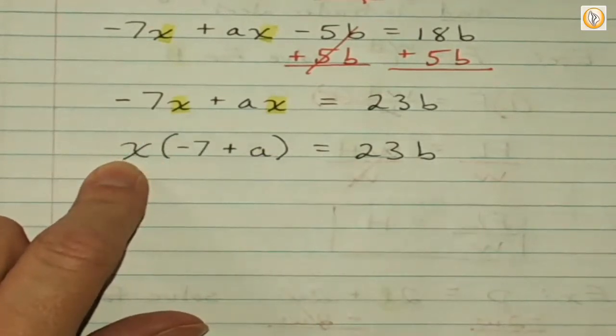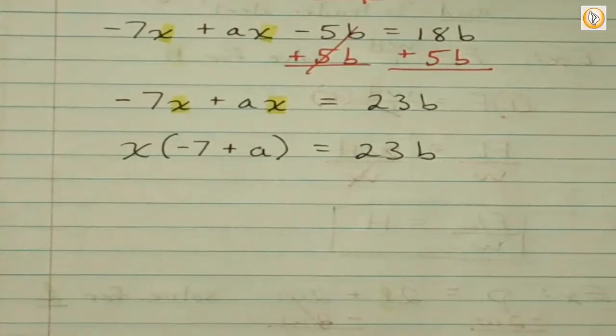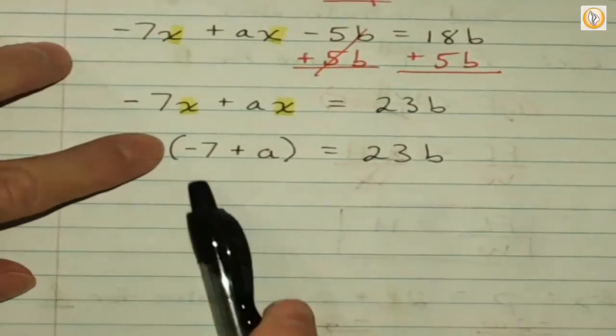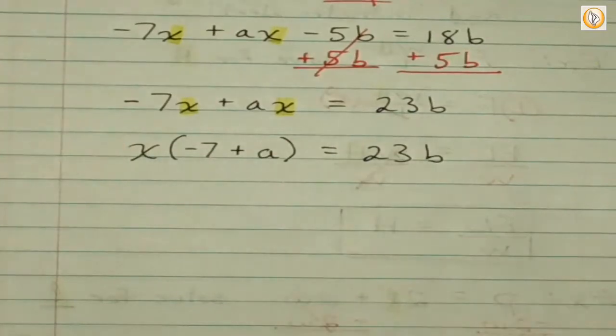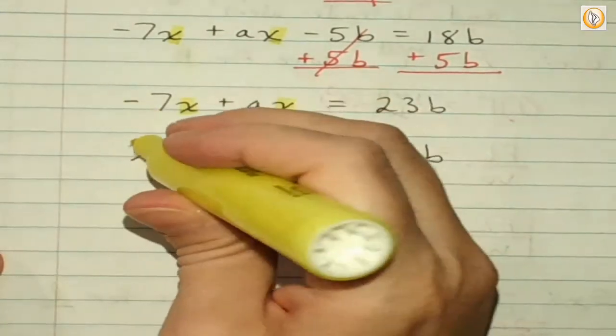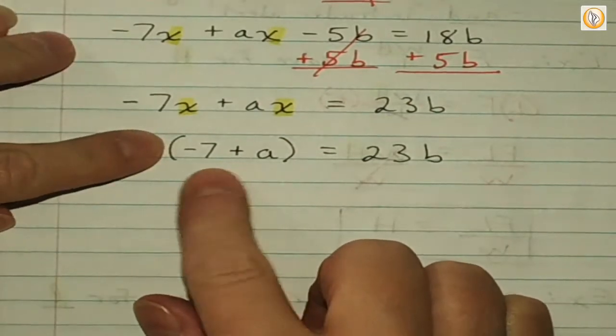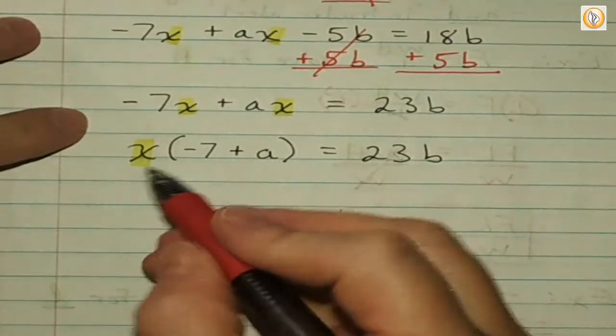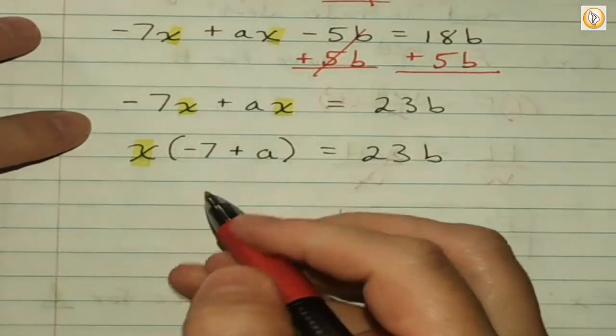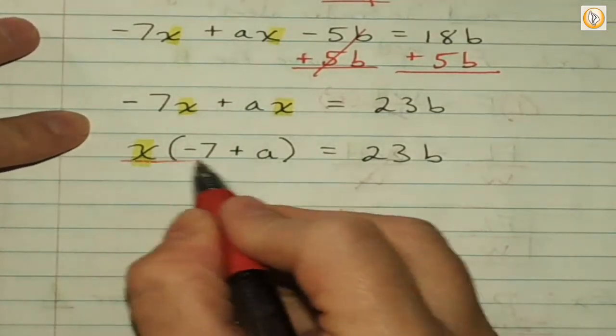Now, raise your hand if you can tell me what the new intruder is. Taylor? Is it parentheses 7 plus a? Negative 7 plus a? If this is you, isn't this whole parenthesis the intruder? Yep. So if this is being multiplied with this, what's the opposite, Taylor? Division. So look what I'm doing.